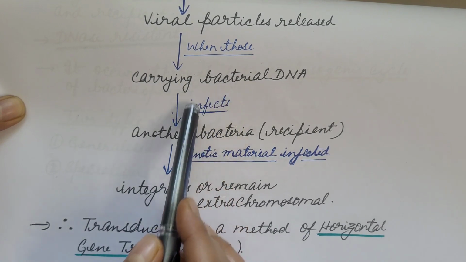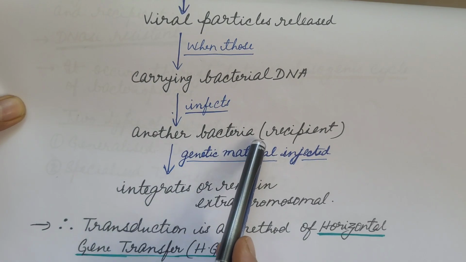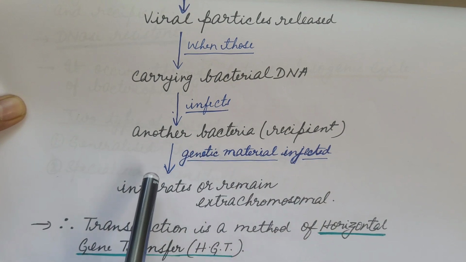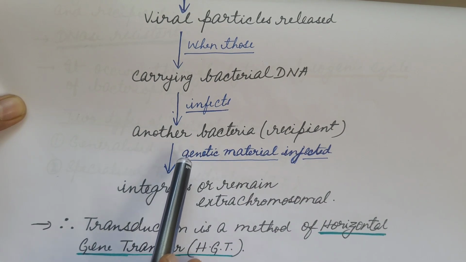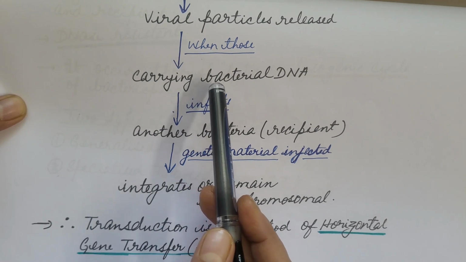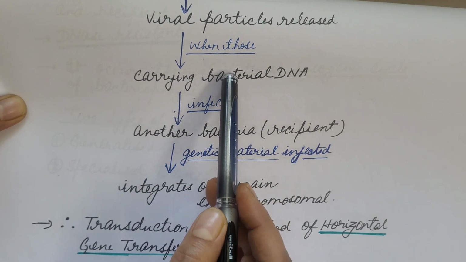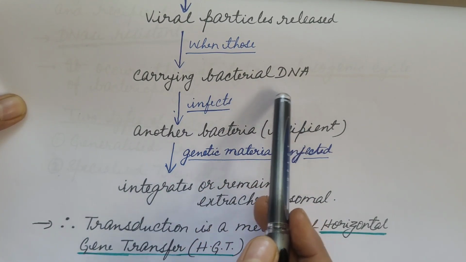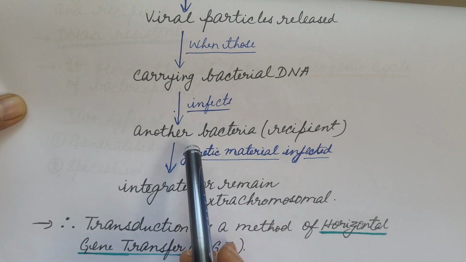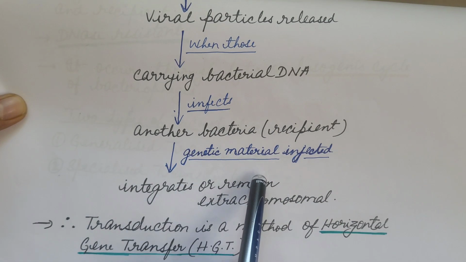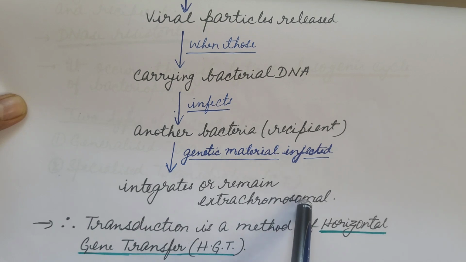When they infect another bacterium known as the recipient, the genetic material is injected into the recipient bacteria. Here we see that a fragment of bacterial DNA is transferred from donor bacteria to recipient bacteria with the help of the bacteriophage virus.